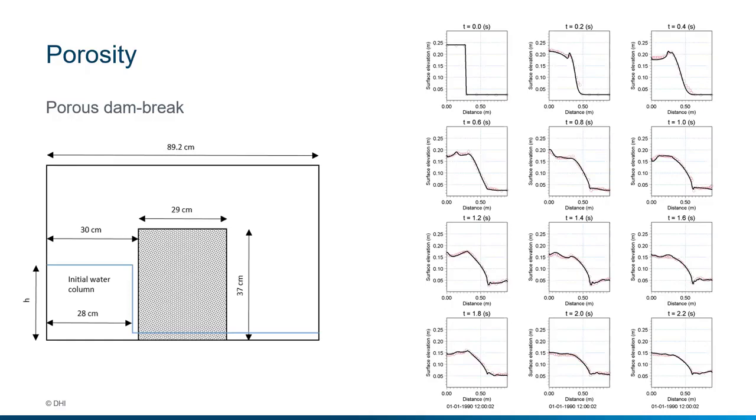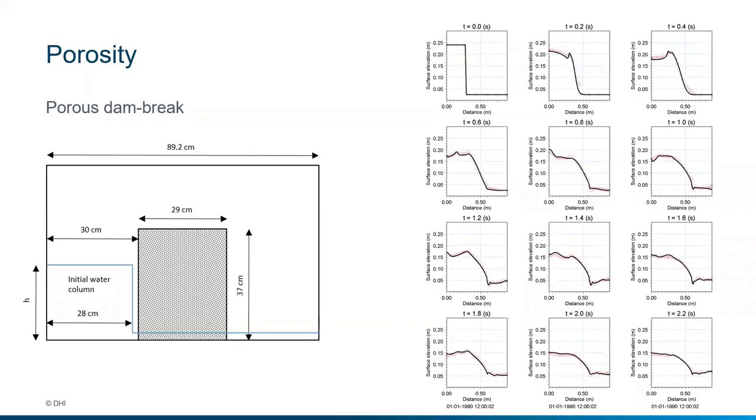And here we can see how the HLLC Riemann solver performs, trying to simulate this discontinuity. And we also see how the Darcy-Forchheimer implemented porosity setting performs when the water flows through this porous media.